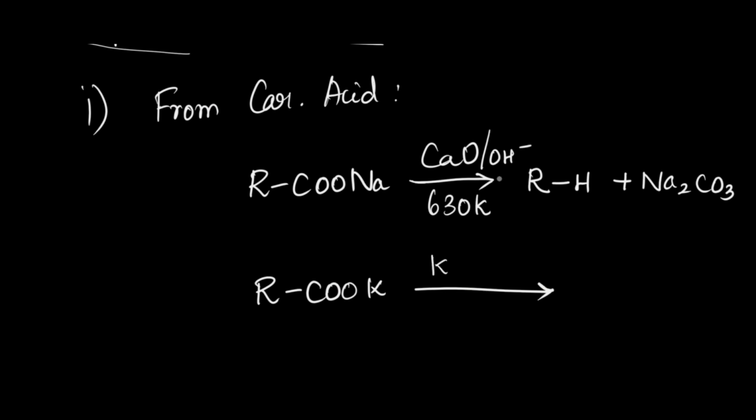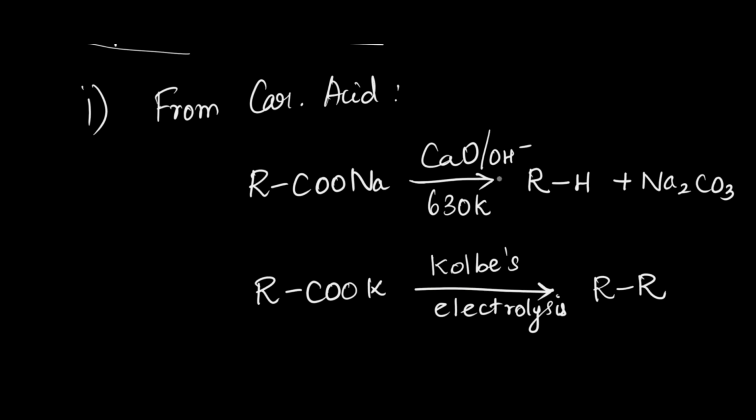This is called Kolbe's electrolysis. At the anode, oxidation will happen and at the cathode, reduction will happen. You can just go through those things, but at the end of the reaction you will get R-R.